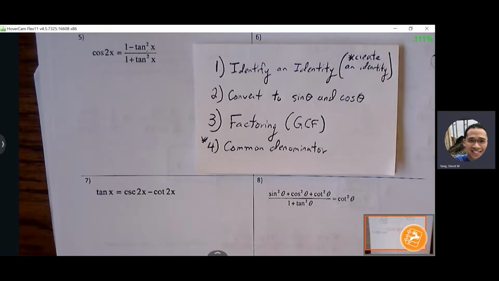What do you think? Sine over cosine. Okay, all right, let's go that route.